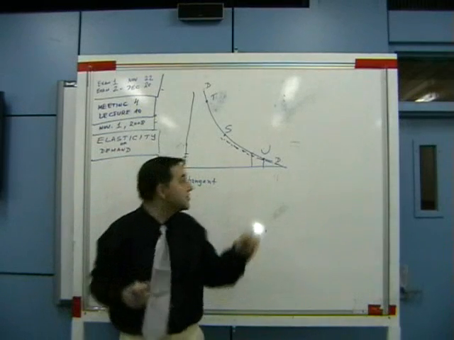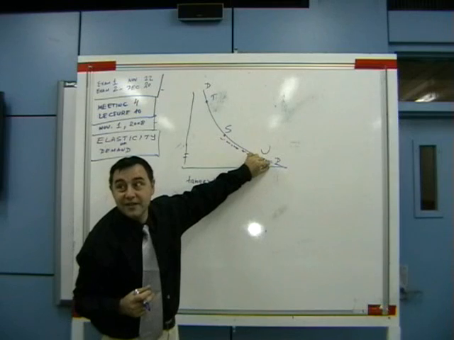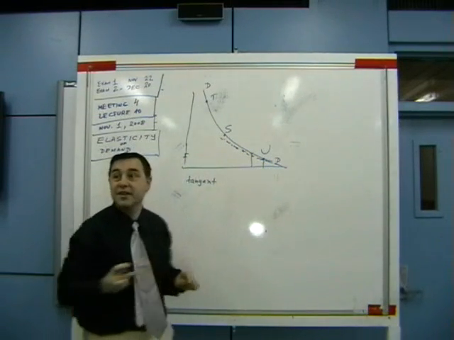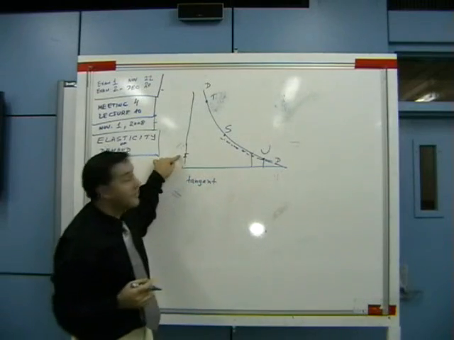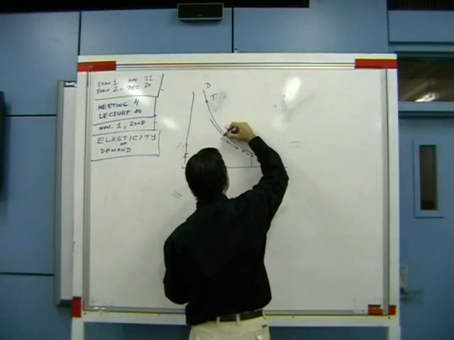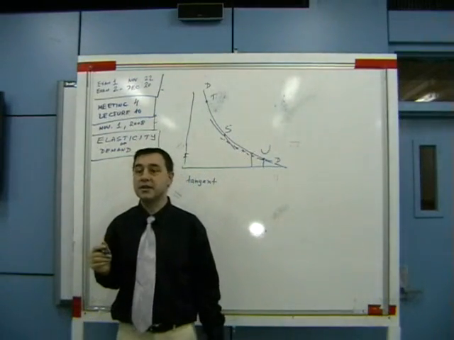Of course, not always, because if it's very close to the zero, to the horizontal, again, this percentage here is, again, relatively large. So what happens over here? Over here, you may as well get unit elasticity.